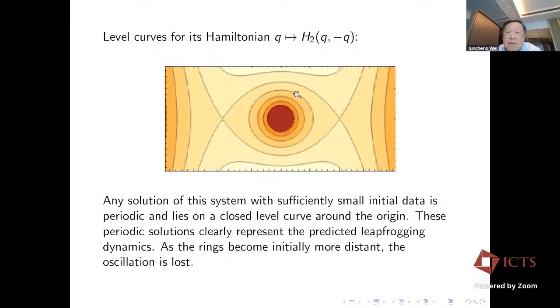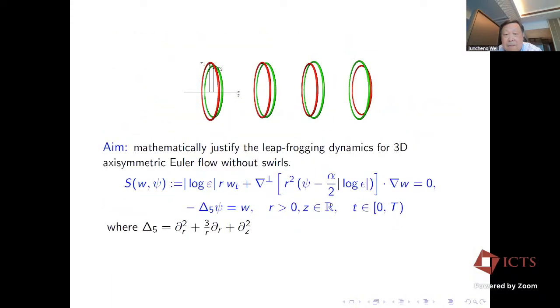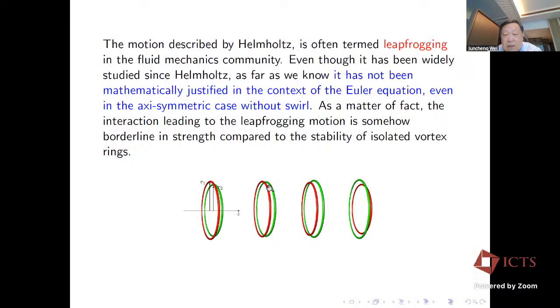So you see inside here some kind of periodic solutions for the leapfrogging, and this is exactly the vortex ring. This leapfrogging, you see some kind of periodic structure because of going out, going in, and going out, and going in.